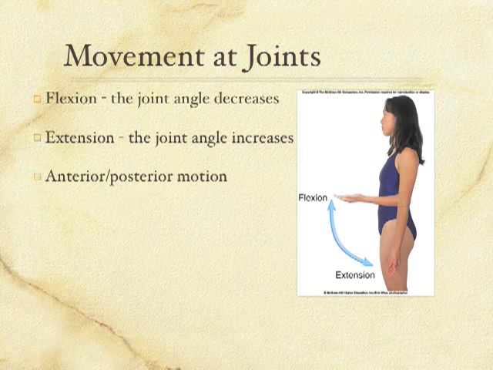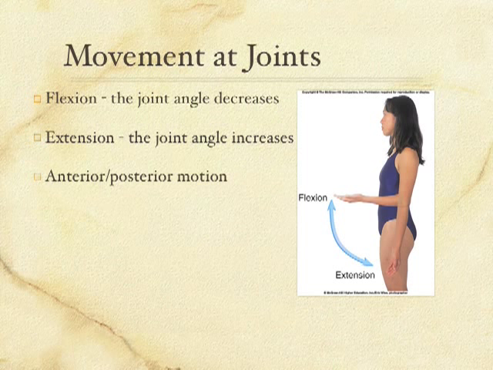I can talk about the angle at my elbow, flexing, extending, forward motion, backward motion. I can talk about it at my wrist. This is an ellipsoidal joint, but I can flex and extend with it, right? If you look at the angle between my hand and my forearm, that's flexing, that's extending, isn't it? Make sense? And in the anatomical position, that would be a forward and a backward motion.